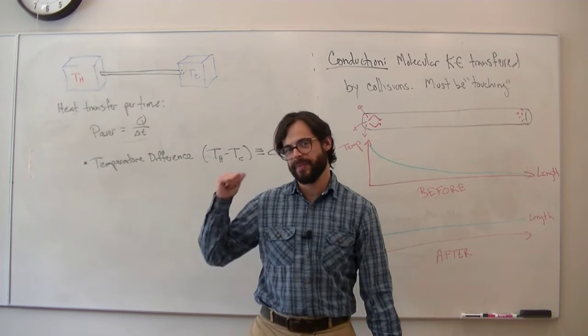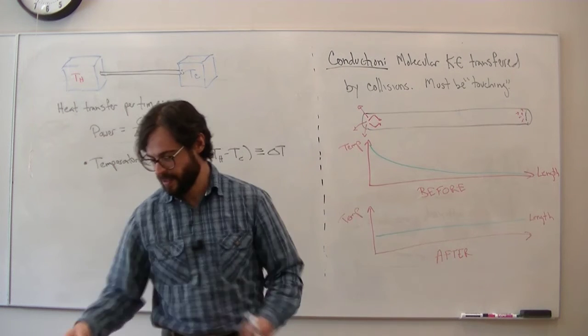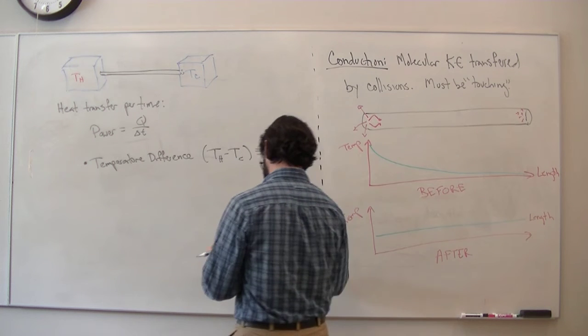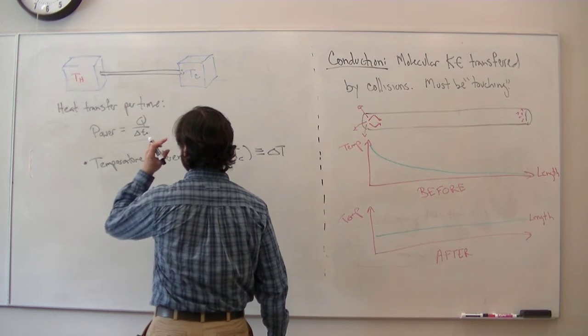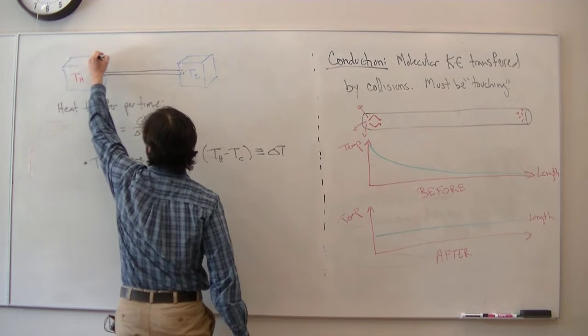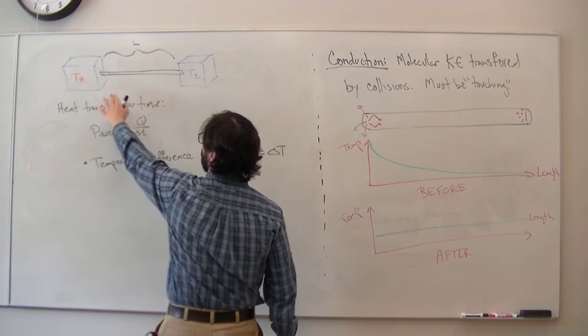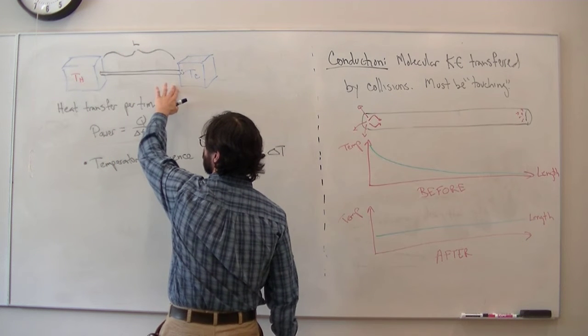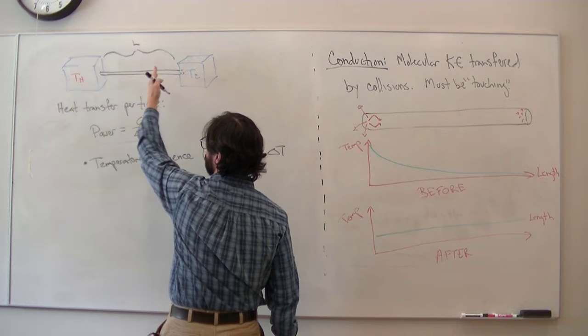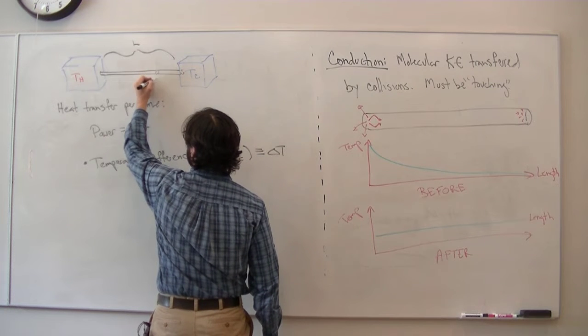What else? Maybe pause and test your mettle as a theoretical physicist. Okay, so I'll use the same notation that Gene Colley does. The length in between them, the longer the length of the bar, the less heat's going to be transferred, maybe. What about the area?